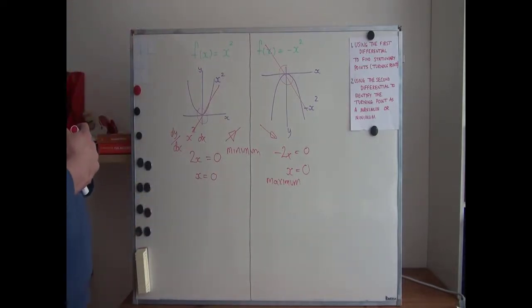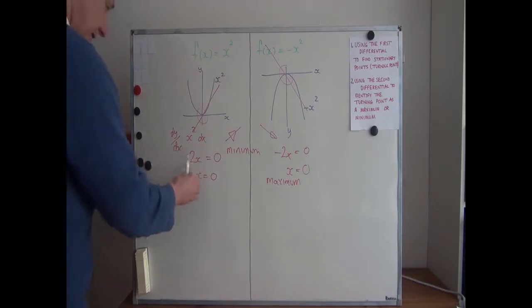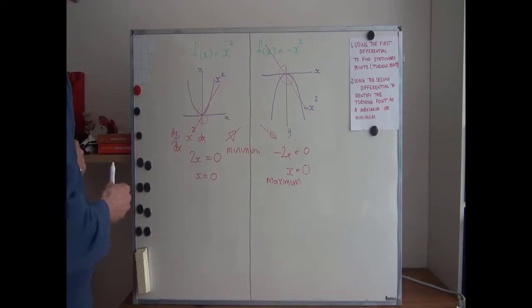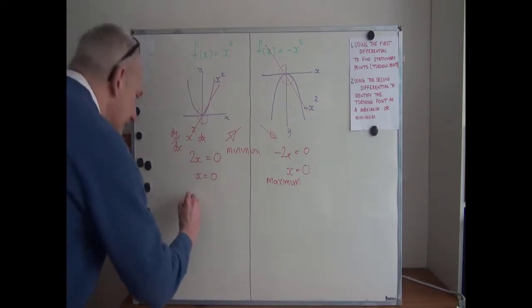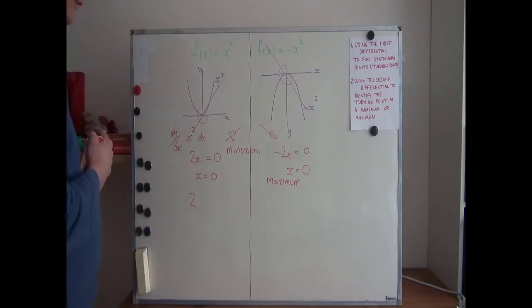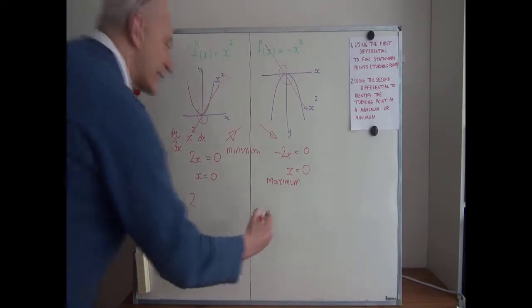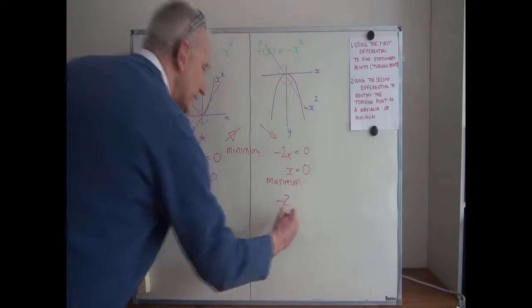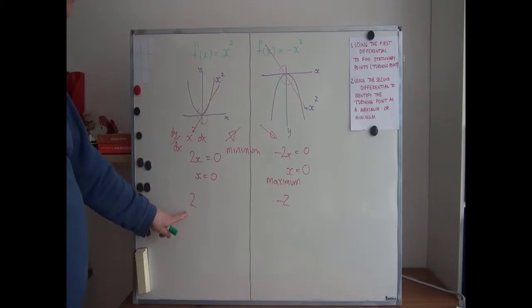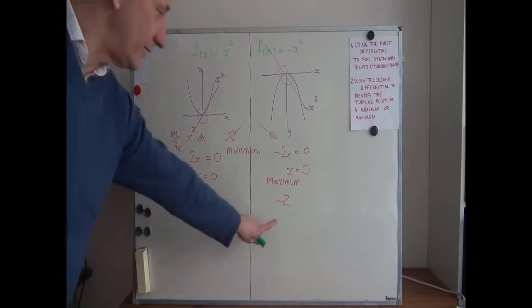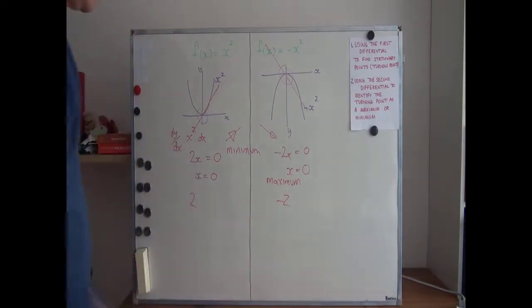So the second differential is basically you take the first differential and you differentiate it again. When you do that for here, what you get is the answer 2. Over here the second differential is minus 2. This value is positive. This value is negative.